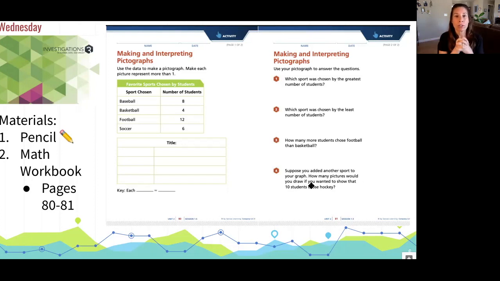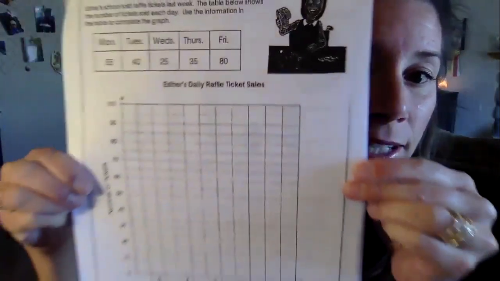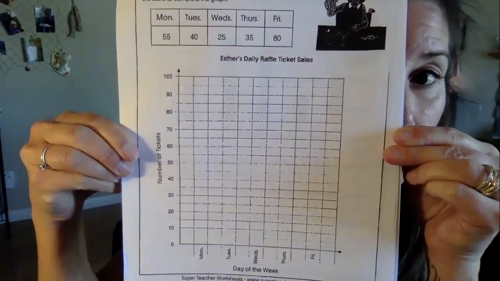Now, boys and girls, when you post your pictures, us teachers really need to see your work. We really want to see your work. So when you post a picture, make sure it's nice and close so I can see your work.